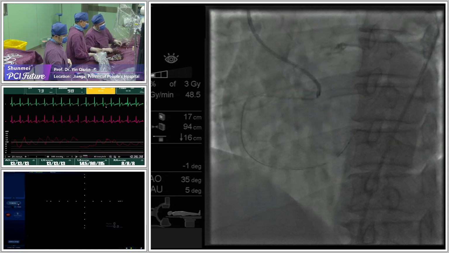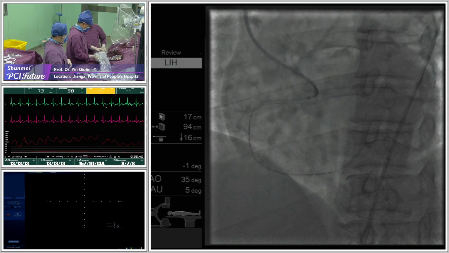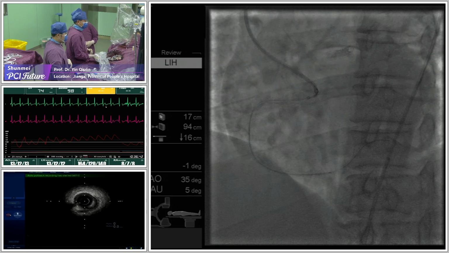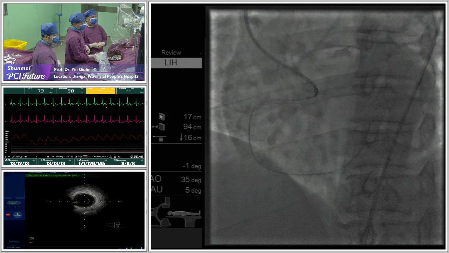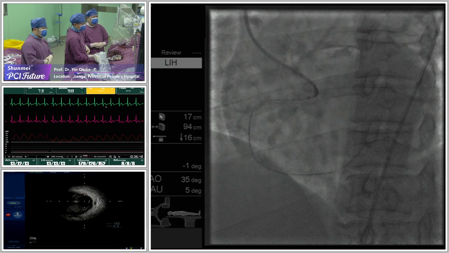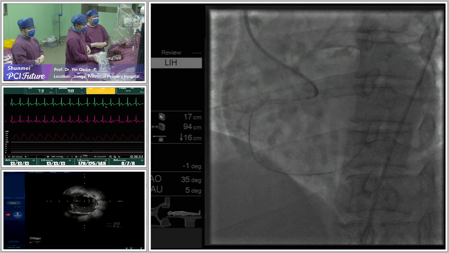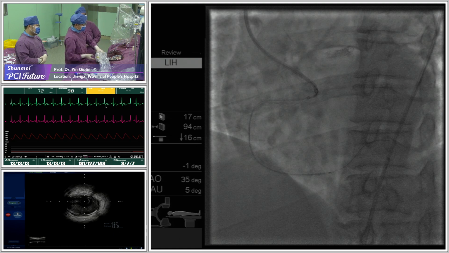Also, 60% of left main bifurcations are T-type. 70% of non-left main bifurcations are Y-type. So it's useful for our daily knowledge.